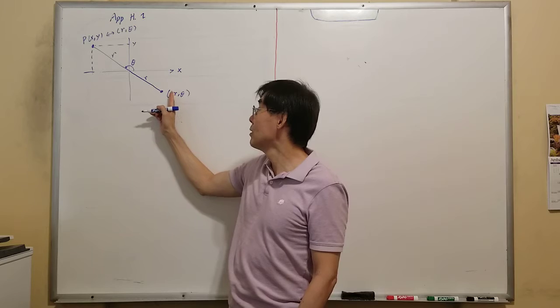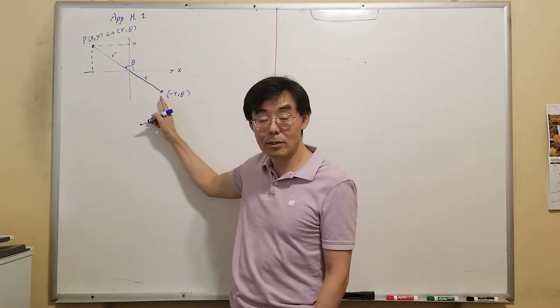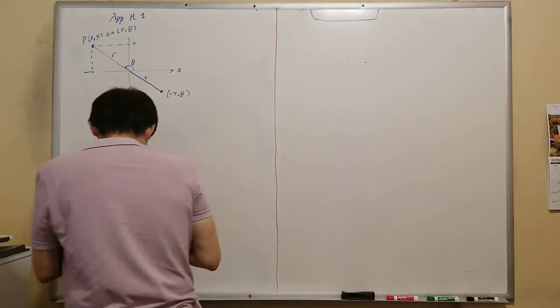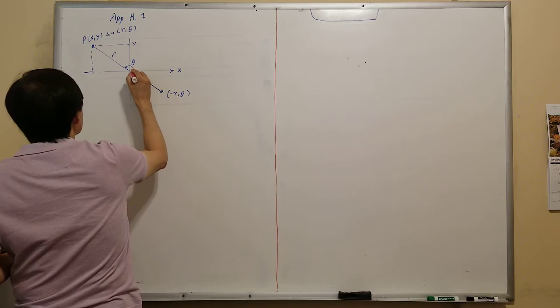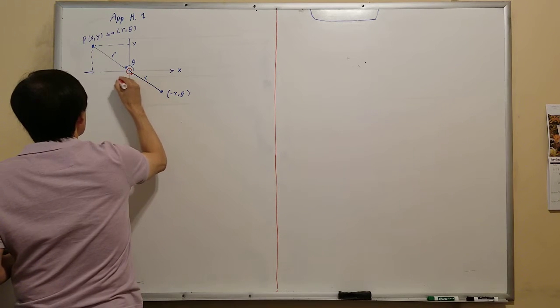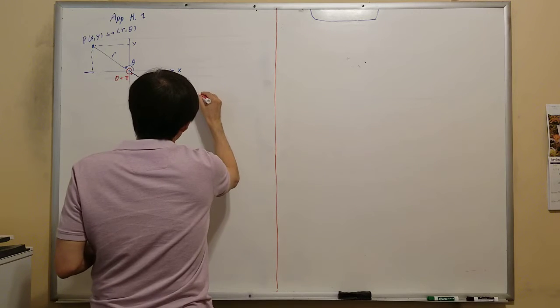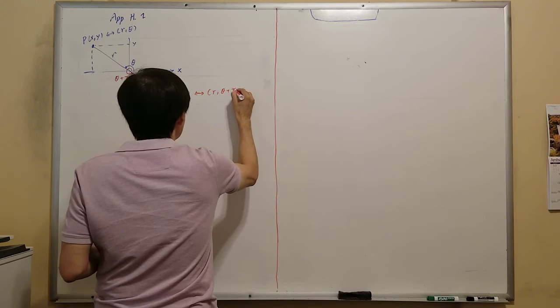So a negative value means we use the absolute value as the distance, but in the opposite direction from theta. That means theta plus pi more, right? So as a point, this is the same as r, theta plus pi.